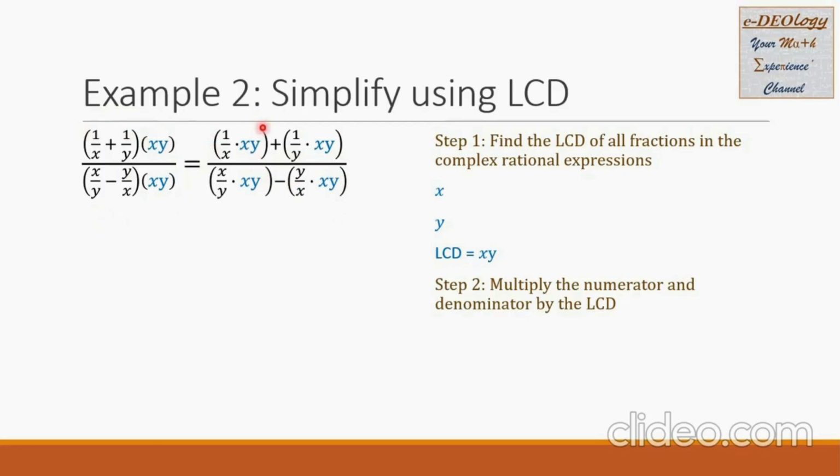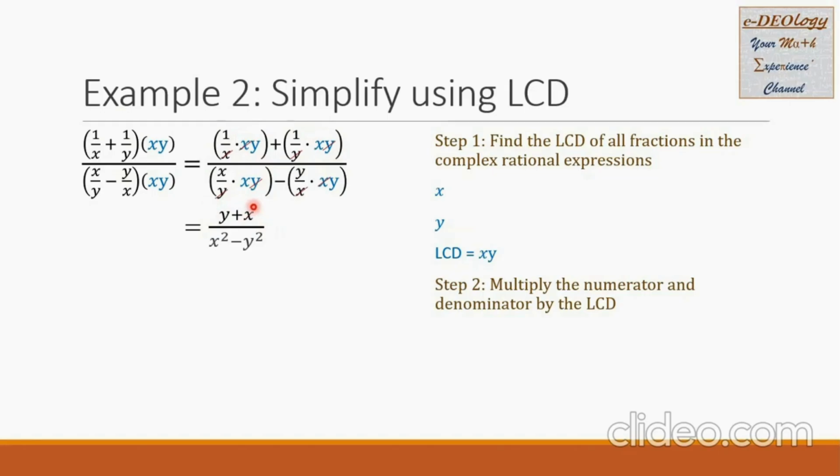In our first group, the x can be cancelled with the x. So when we cancel that, it becomes 1 times y, it is y, so we copy the y down here. In our second group, the y in the denominator and the y here can be cancelled. So 1 times x is x all over.